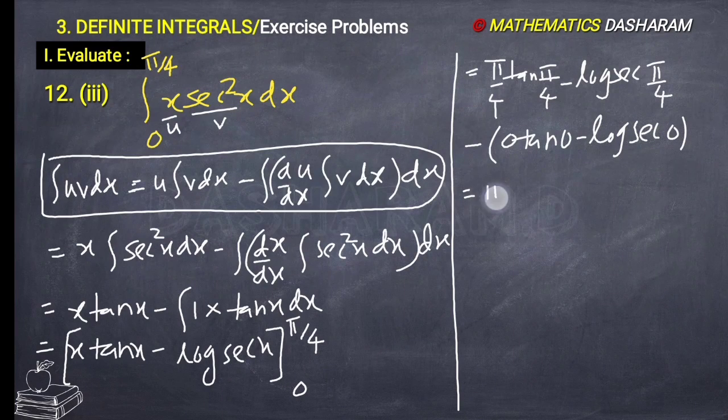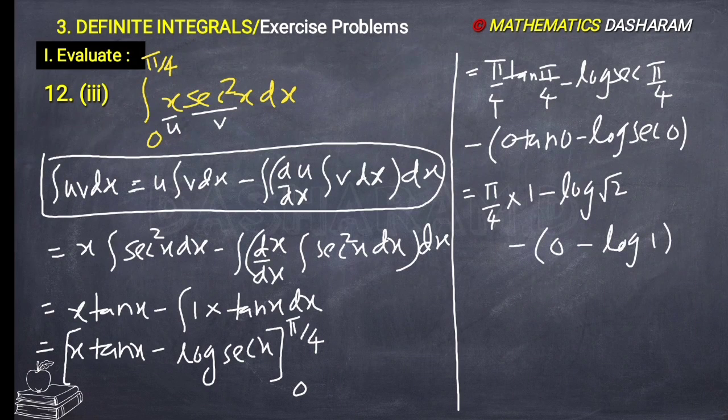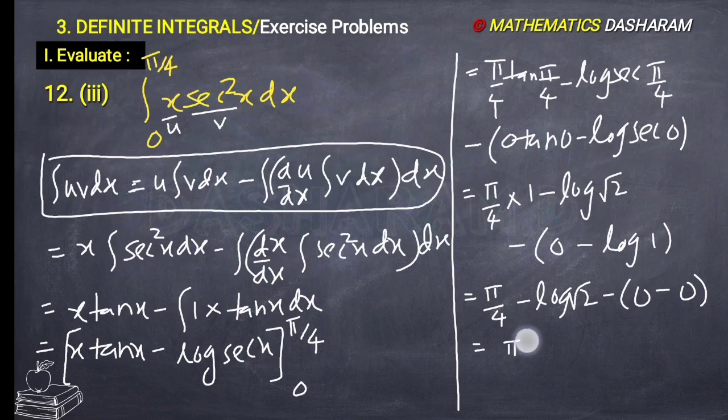It is equal to π/4 into tan π/4, value 1, minus log sec π/4, which is √2, minus 0 into tan 0, which is 0, minus log sec 0, that is 1. Next it is equal to π/4 − log √2 − 0 − log 1, which is 0. So the final answer is π/4 − log √2.